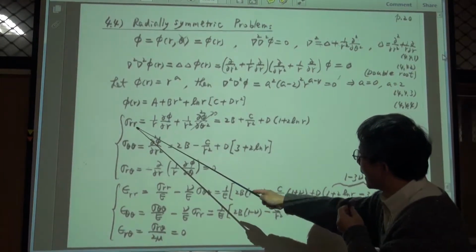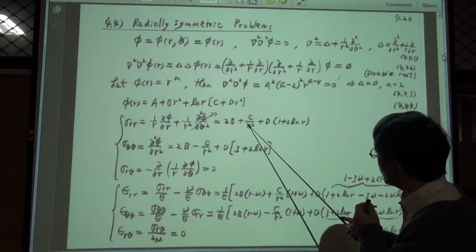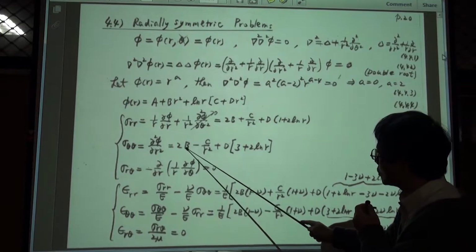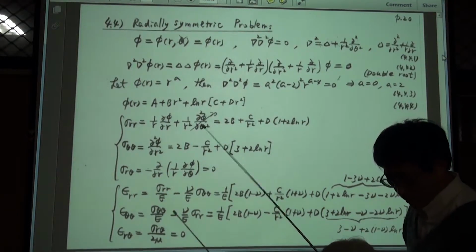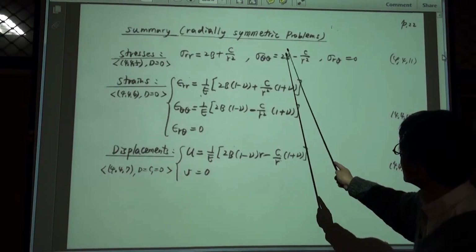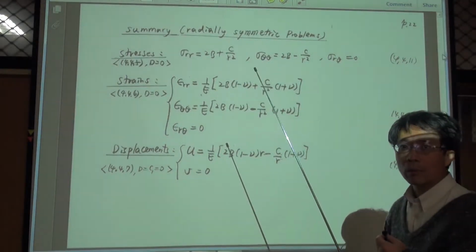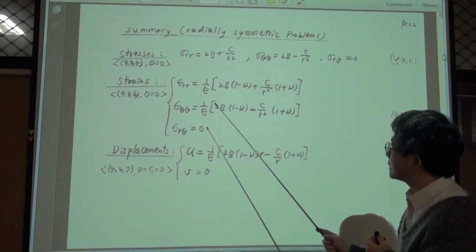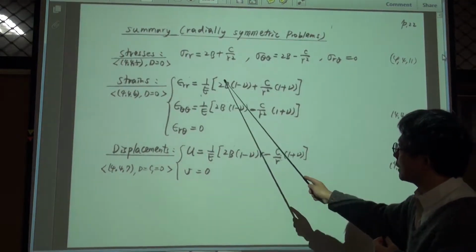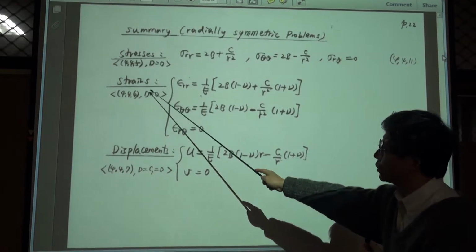So we have sigma r equal to 2B plus C over r squared only, and sigma theta equal to 2B minus C over r squared. Okay, this is the result we have obtained. In the same way, the strain components should be written like this without the constant D.